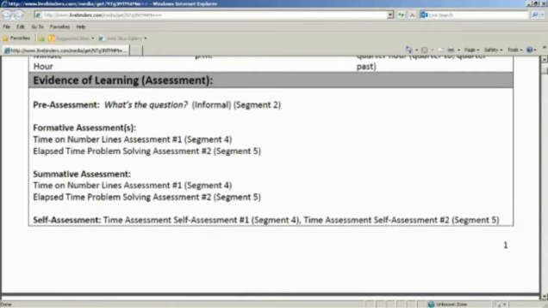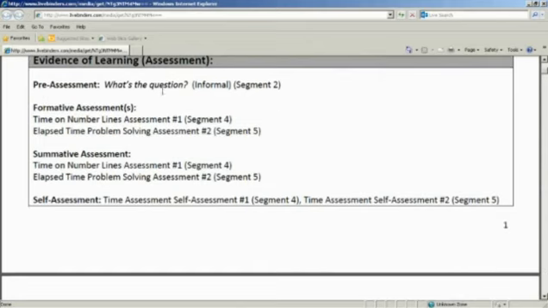Next, we have the evidence of learning. Again, that was step 2 in the backward design process, and this gives us all of the assessments for the entire lesson, not just the segment that we might be talking about. As you can see, there's a pre-assessment involved. There are 2 formative assessments that we would give along the way, and then there are 2 summative assessments more towards the end of the lesson.